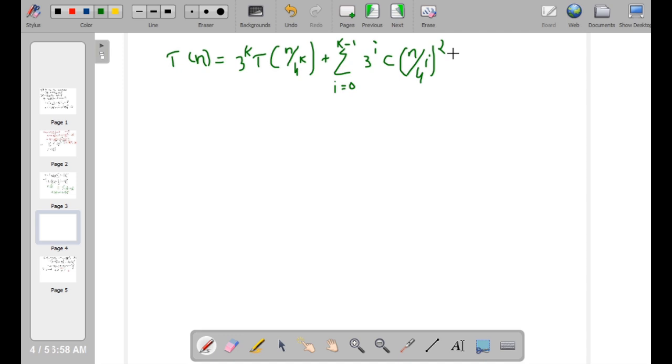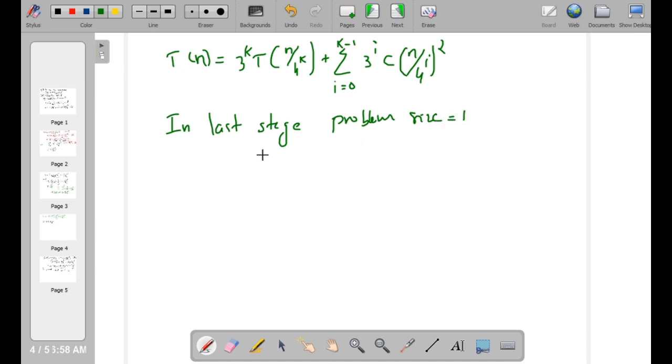Okay. Then in the last stage, the problem size will be 1.